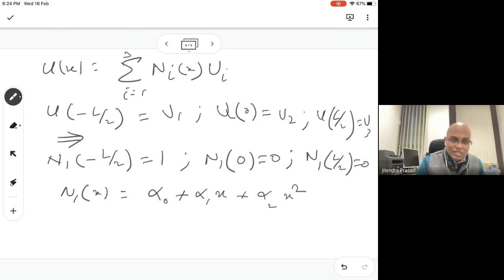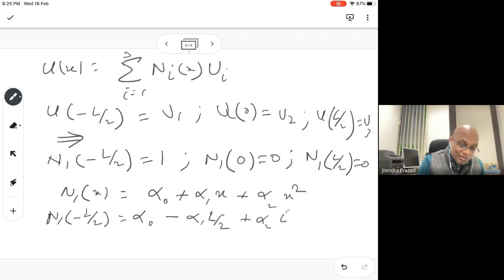It should be something like this, so that you have 3 conditions and you find out the values. So that means from the first one, N1 at minus L over 2 is equal to alpha 0 minus alpha 1 L over 2 plus alpha 2 L square over 4 has to be equal to 1.